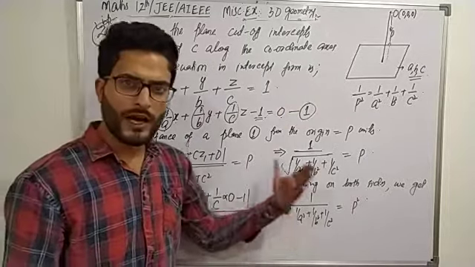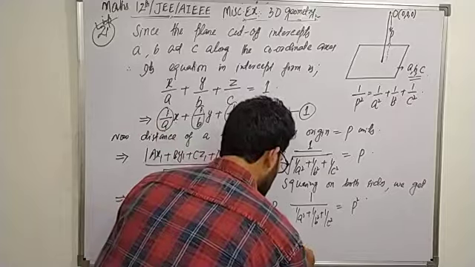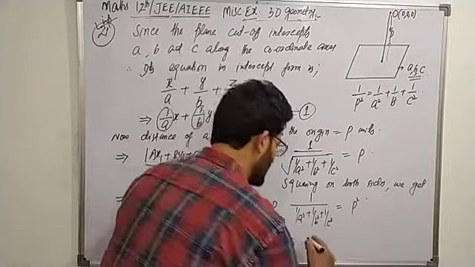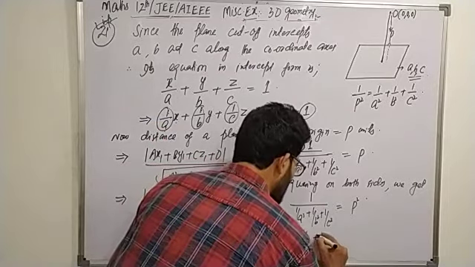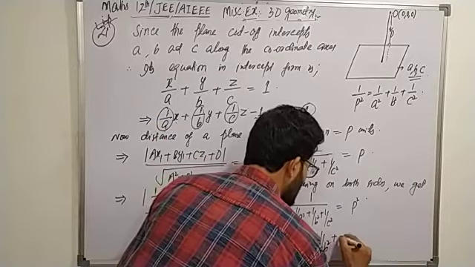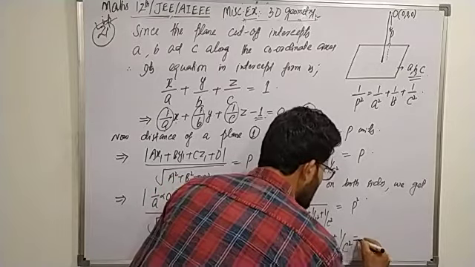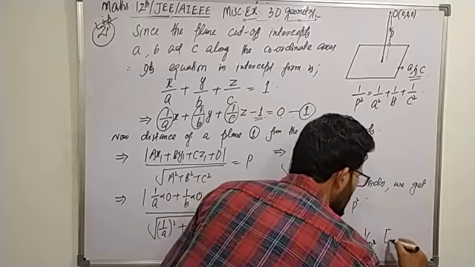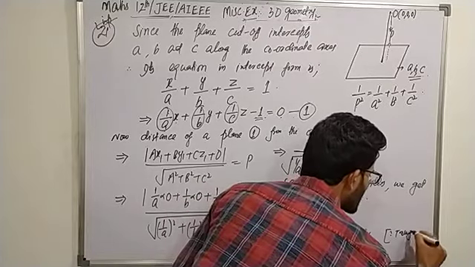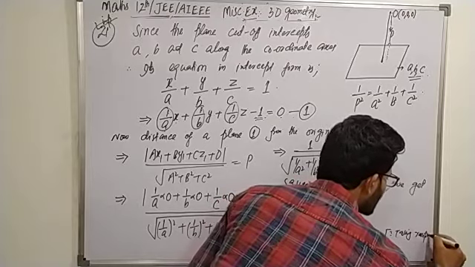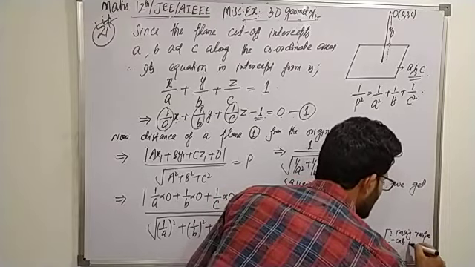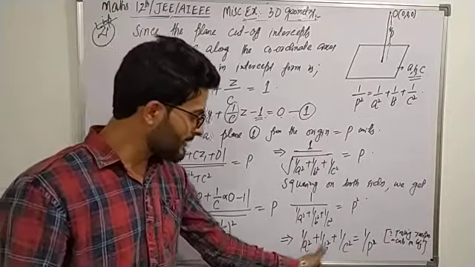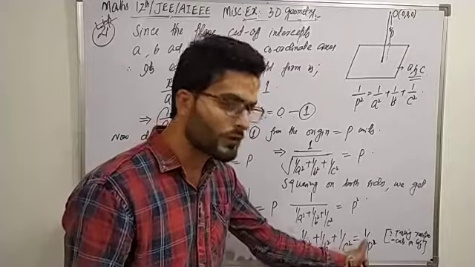Now taking reciprocals on both sides, we get 1 divided by a square plus 1 divided by b square plus 1 divided by c square equal to 1 divided by p square.